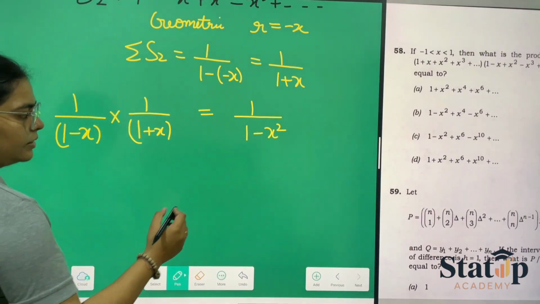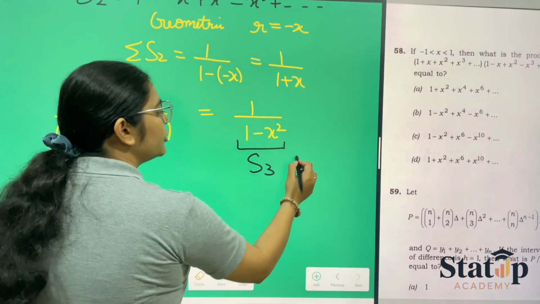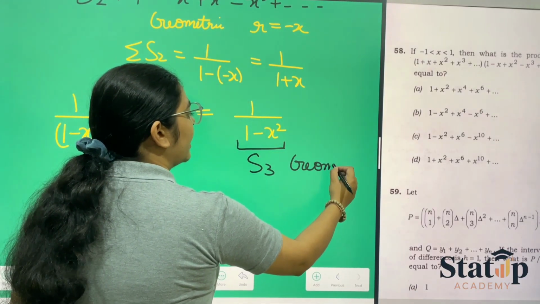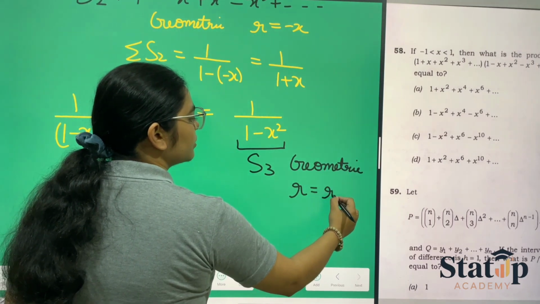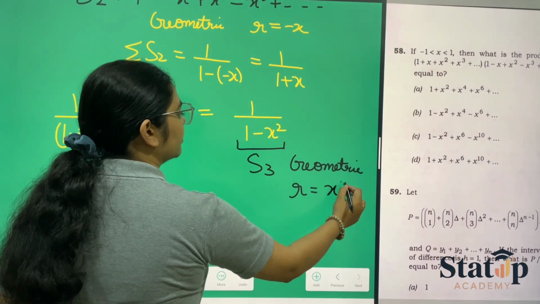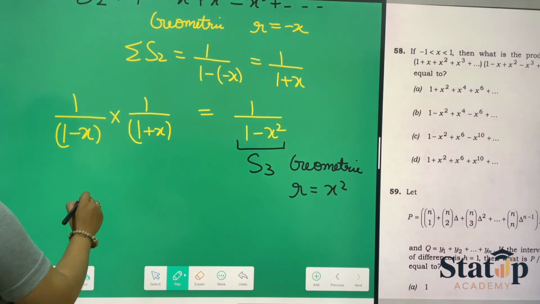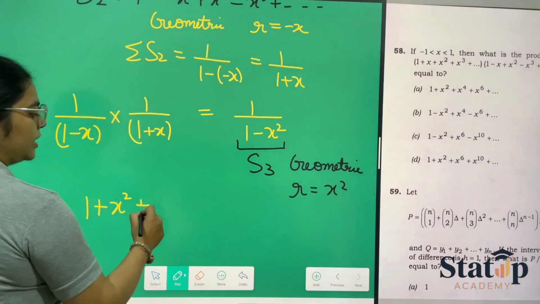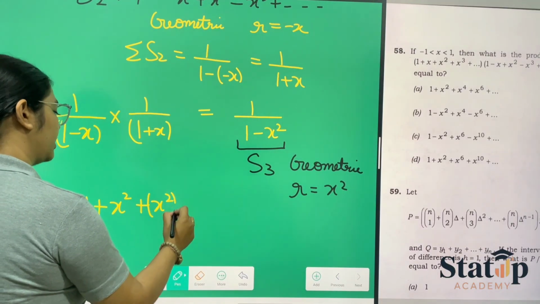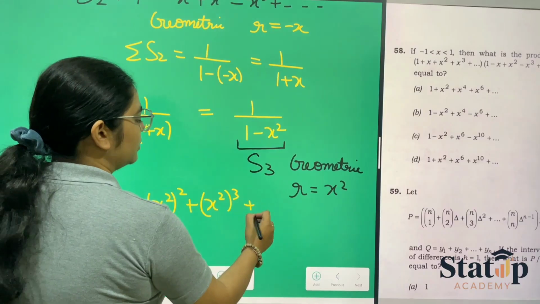Now clearly seeing this, this is the sum of a third series, which is also geometric, and its r is equal to x square, as you all can see. So the series would be 1 plus x square plus (x square) raised to the power 2 plus (x square) raised to the power 3 and so on.